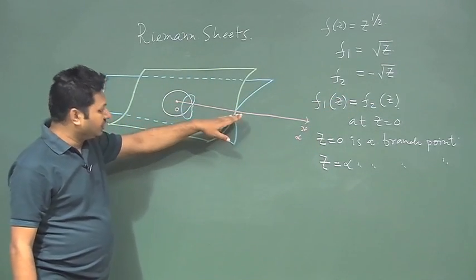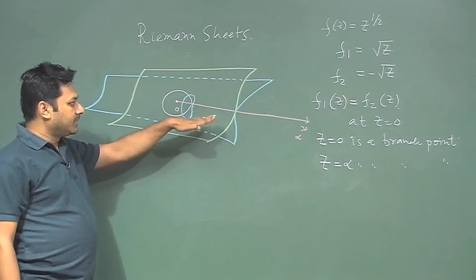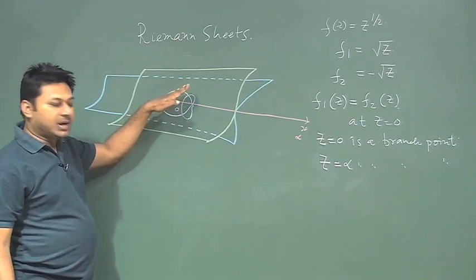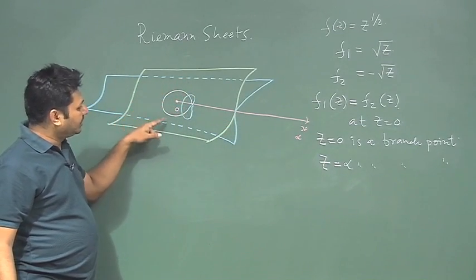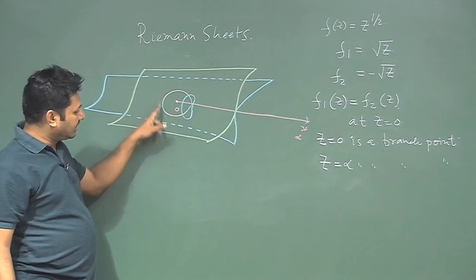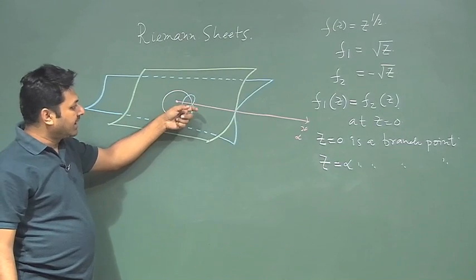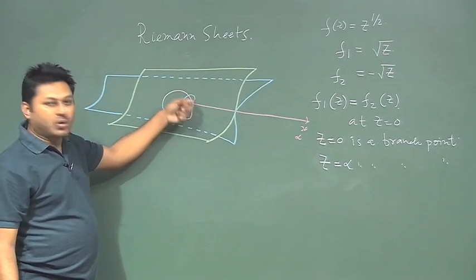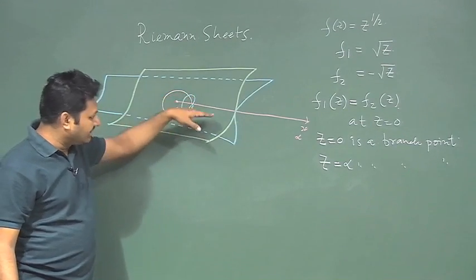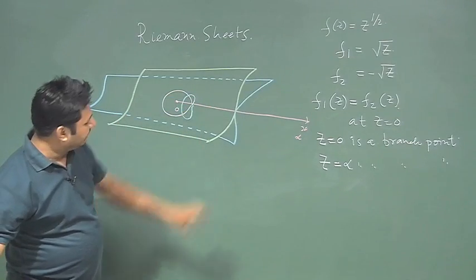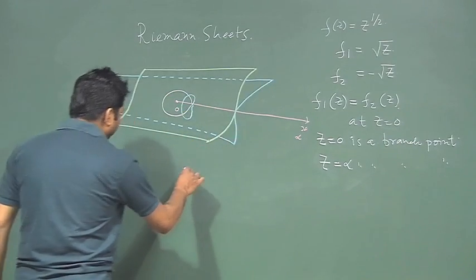So, this lower sheet corresponds to minus and the upper sheet is plus. It is in the upper sheet for the time being when theta is up to 2 pi, and then it goes to the next one when it crosses this branch line. If you look at this from this side, it will be something like this.